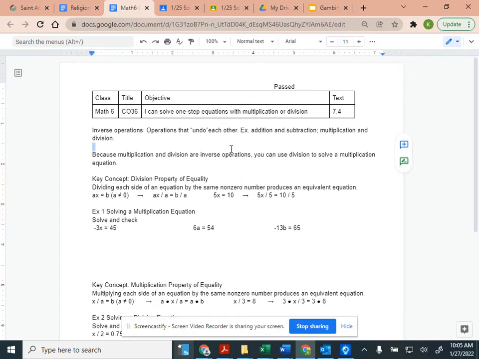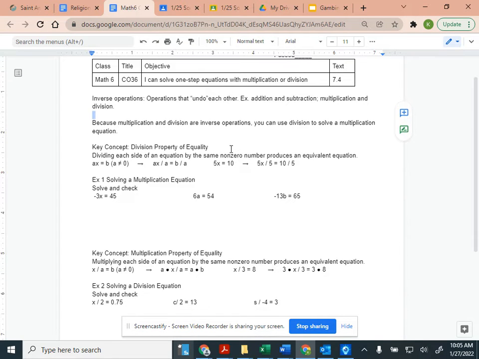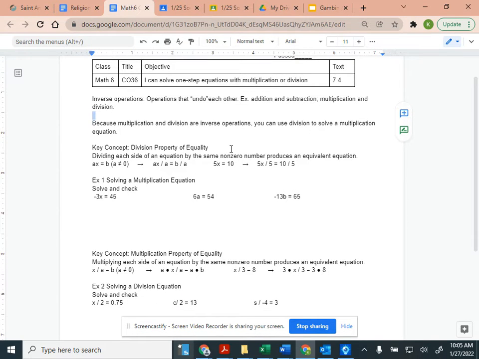So we are on CO36. I can solve one-step equations with multiplication or division. This is just adding on to what we were doing yesterday. So yesterday we were doing one-step equations with adding and subtracting. Today we are going to be doing it with multiplying or dividing. Same concept.